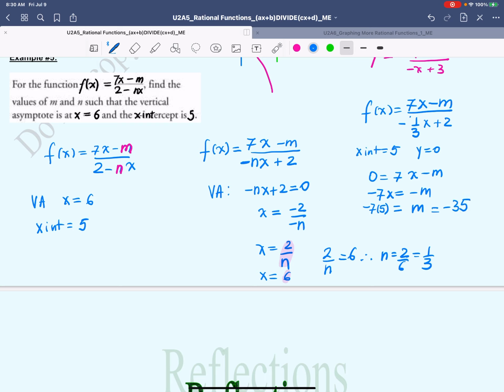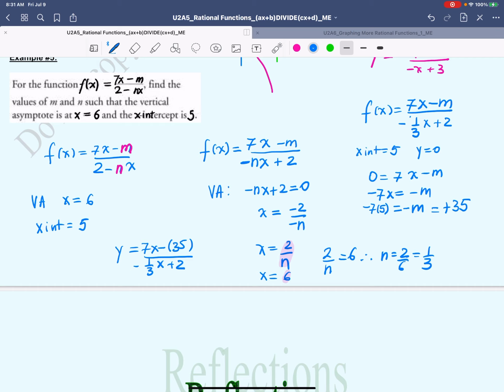So the equation of this function will be y equals 7x minus negative 35, positive 35, sorry, divided by 1/3 x plus 2.